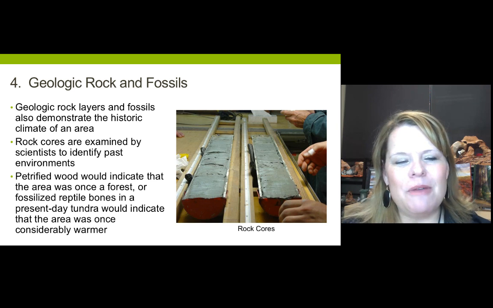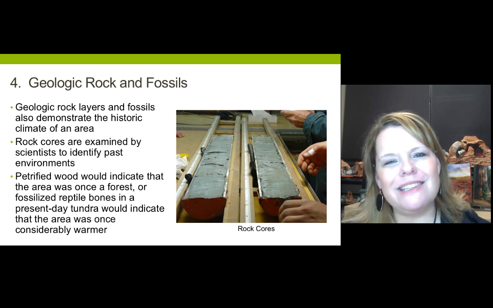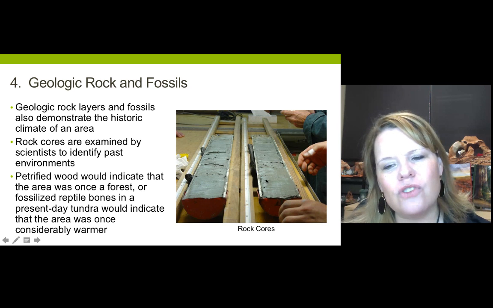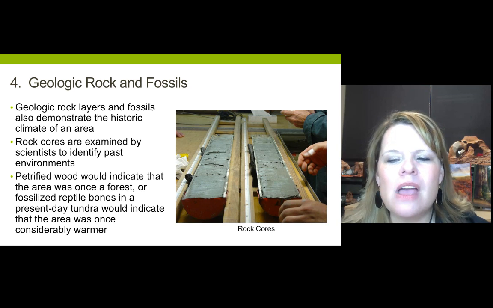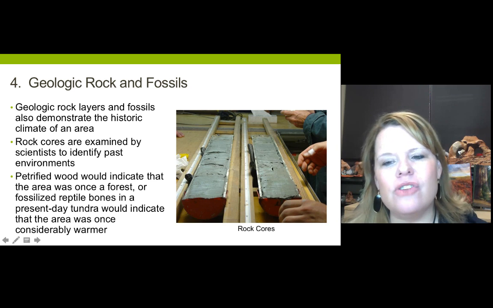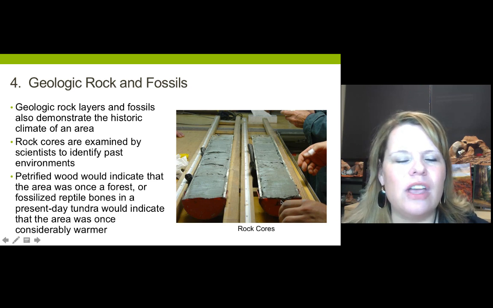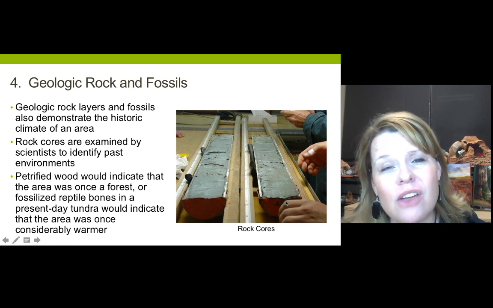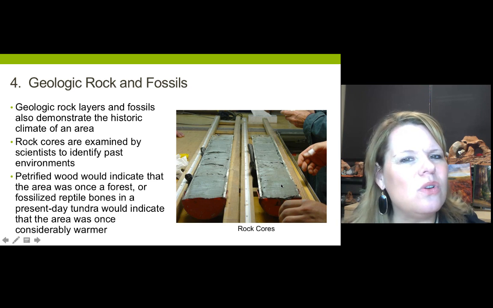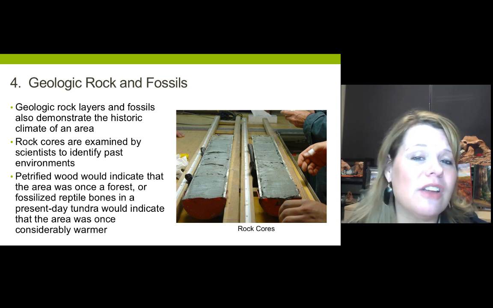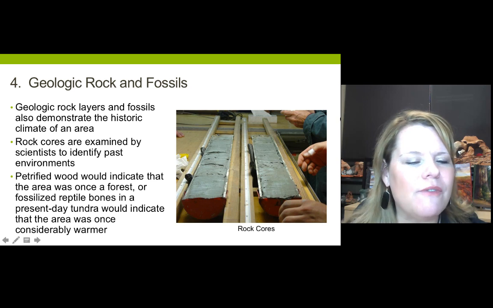Rock cores are examined by scientists to identify past environments, because in these cores, you'll take a core boring with a hollow auger stem drill, and then you'll slice it in half, and you'll actually look for changes in the type of deposition. You'll look and see if there's coal bed layers, if there's something that changes the color, fossil concentrations, and we even look at microfossils like foraminifera.